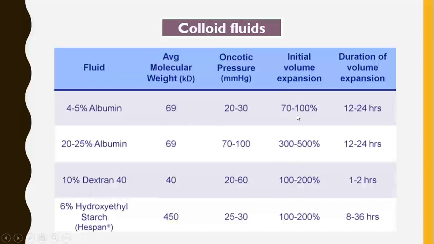So the albumin 70 to 100%, but this albumin gives a 3 to 5-fold increase, this a 1 to 2-fold increase in the intravascular volume, and this is also very important. This is very long acting, those are mildly or moderately acting, and this is short acting.